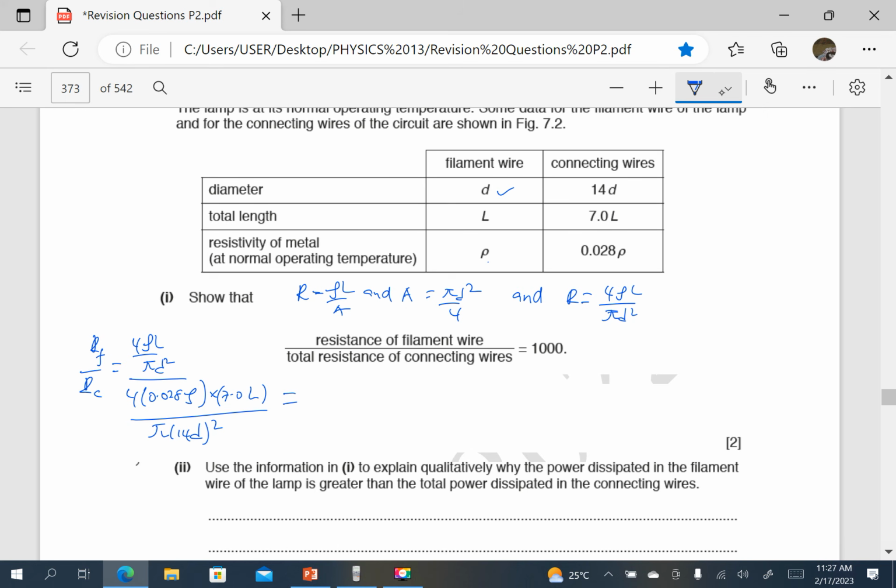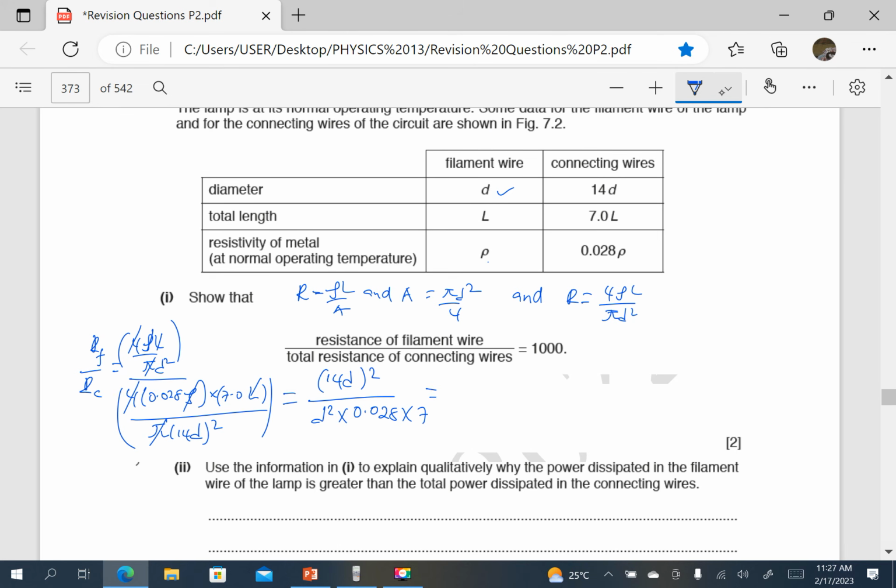The 4 cancels out, rho cancels out, L cancels out, pi cancels out. So the 14D goes up, and in the numerator I remain with D squared times 0.028 times 7, divided by the other one, reciprocal when you remove the division sign.